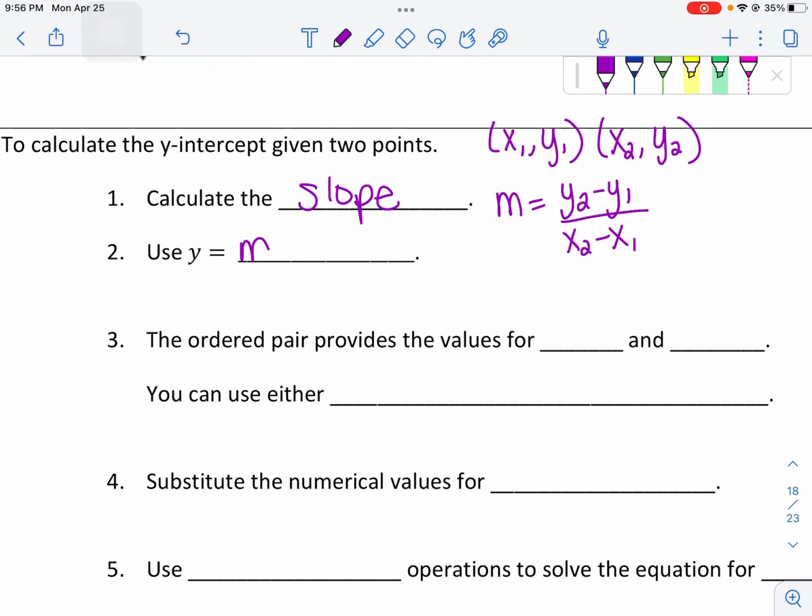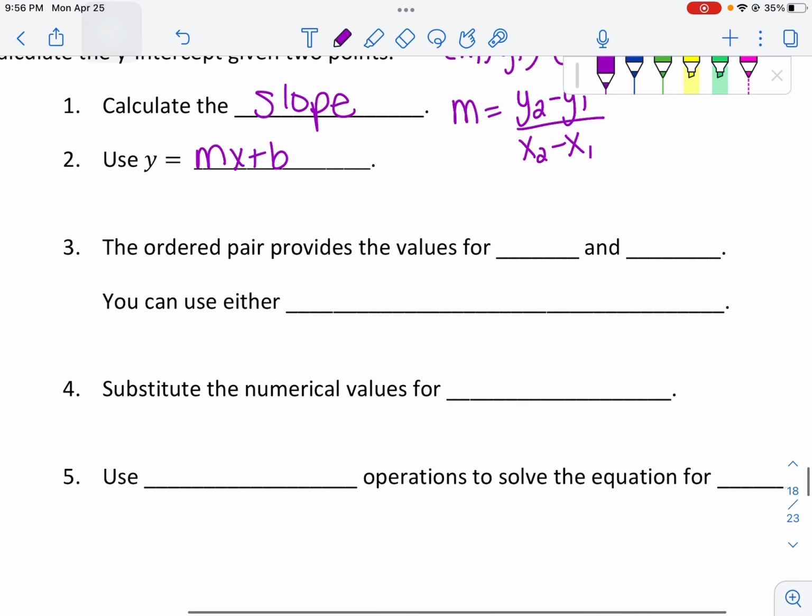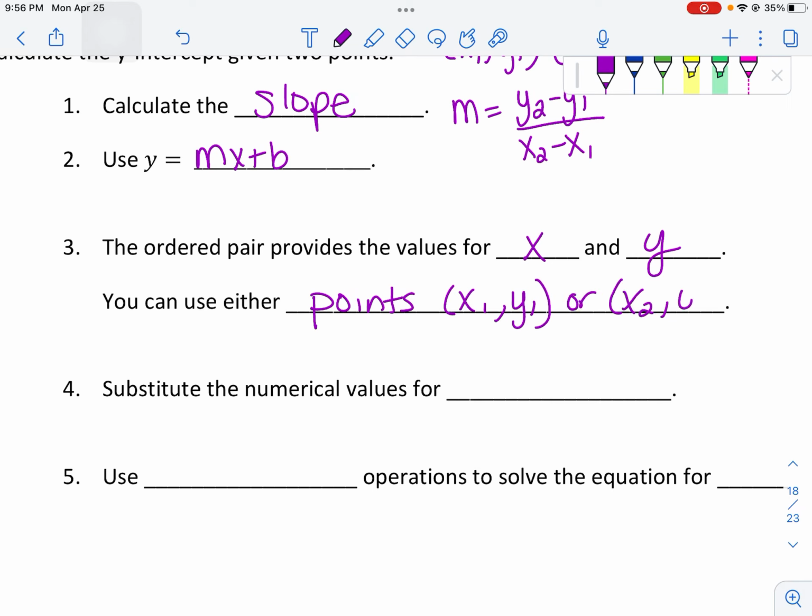And then we use our mx plus b equation again, and we're going to substitute in the m value that we solved. Then we're going to pick an ordered pair for x and y. You can use either of the points, either the x1, y1, or x2, y2.